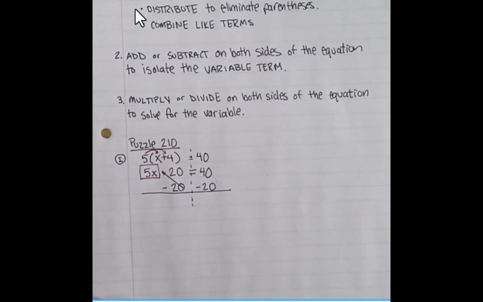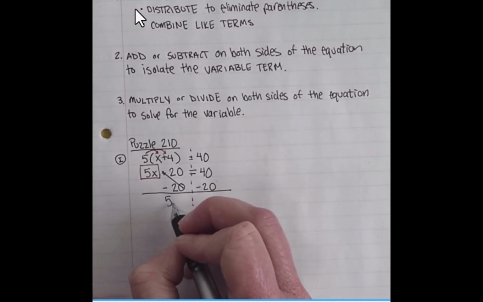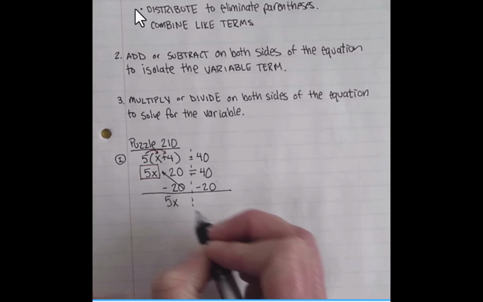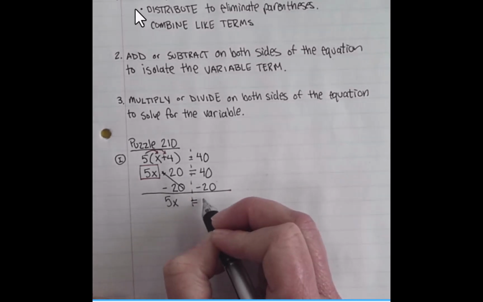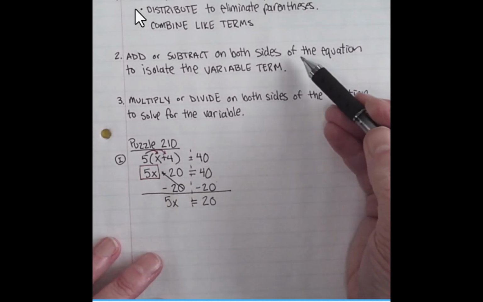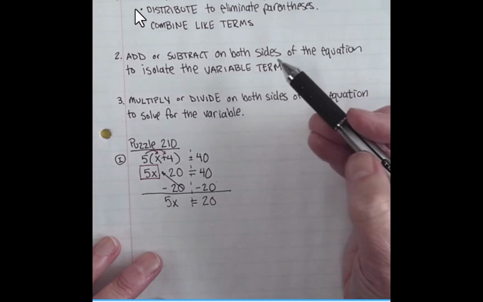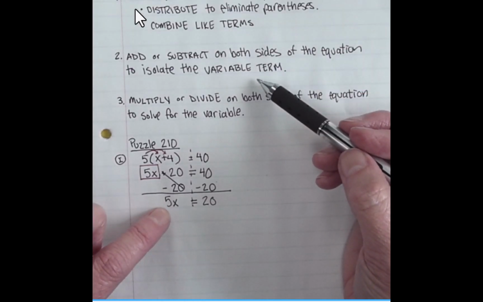It cancels right out. So on the left side of this equation, I'm only left with 5x. And on the right side, 40 minus 20 is 20. So we've taken care of step 2. We subtracted on both sides of the equation, and we isolated the variable term 5x.